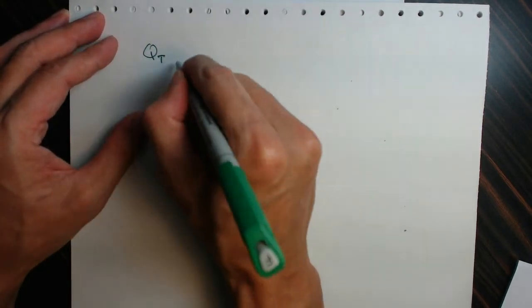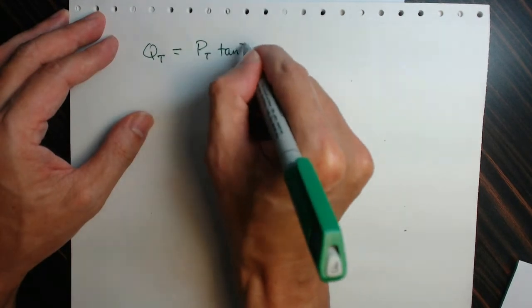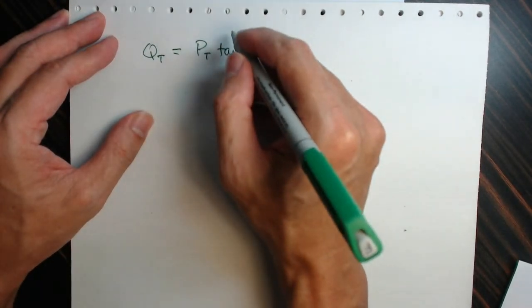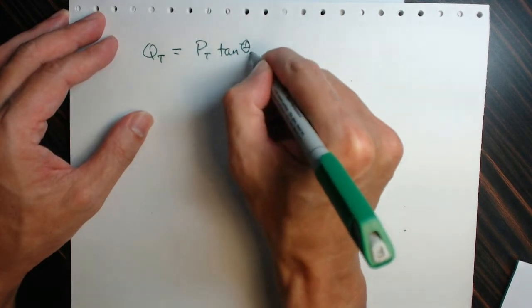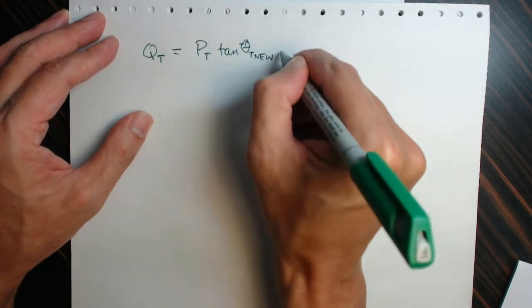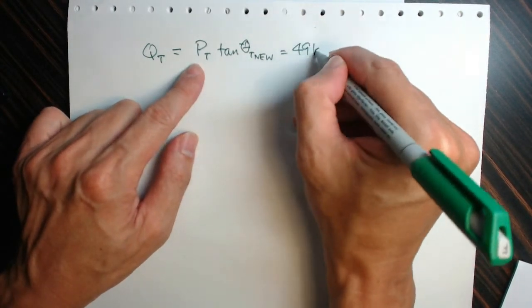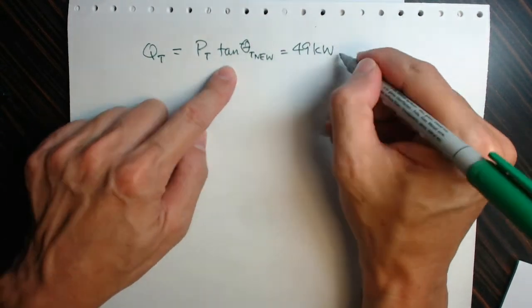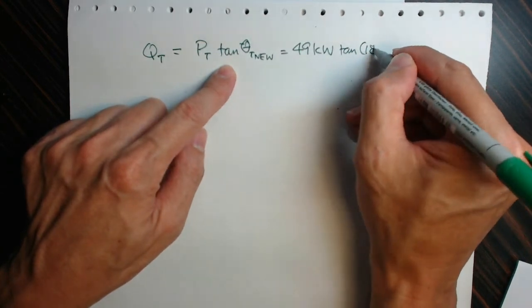QT can be calculated from PT times the tangent of the new angle. The original power, which is 49 kilowatt, tangent of the angle, which is 18.19 degrees.